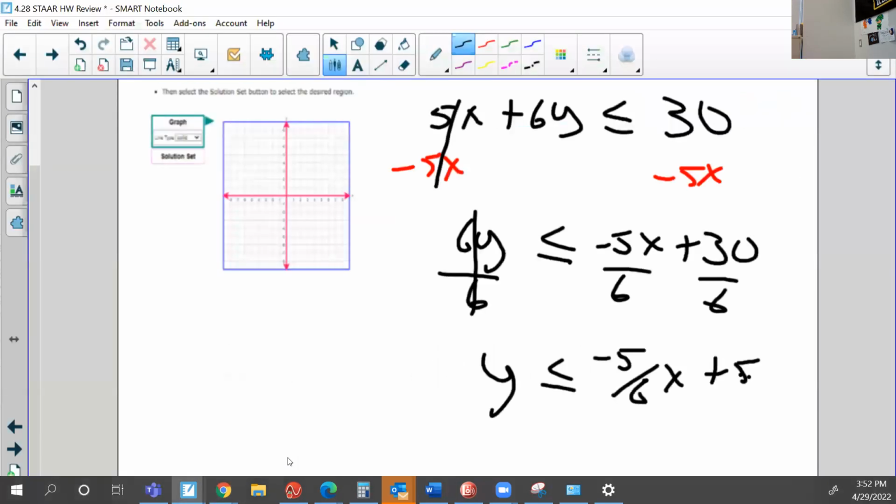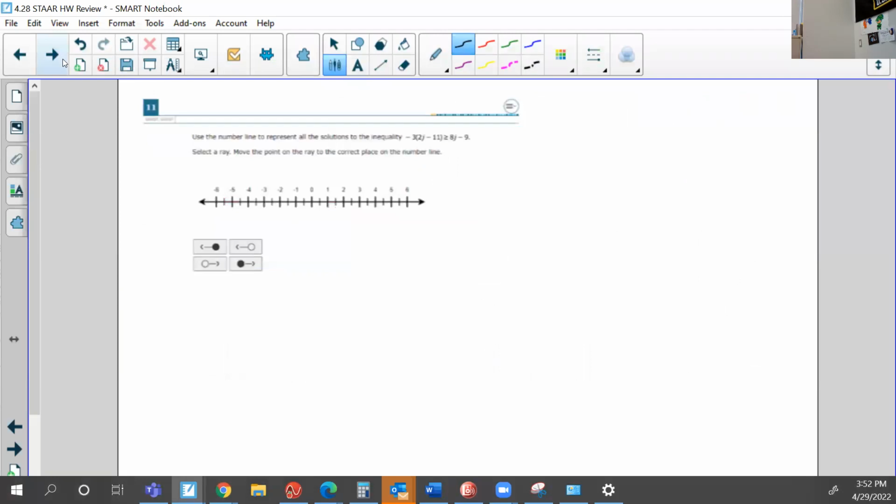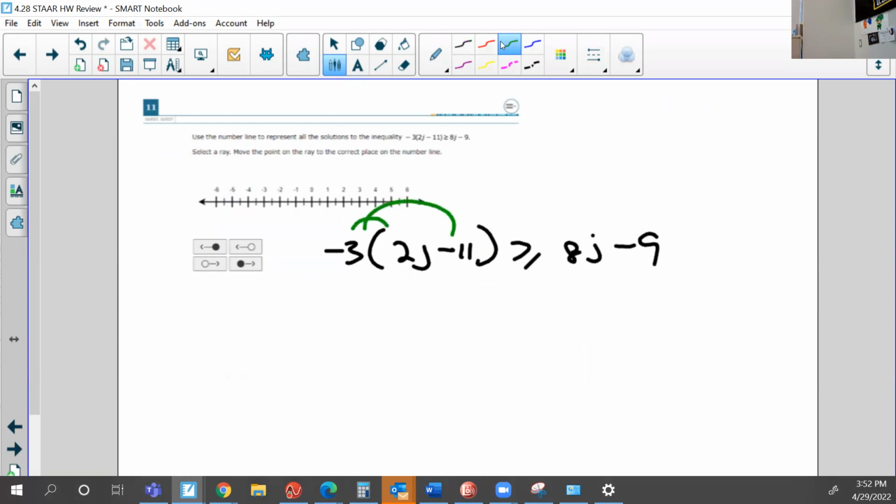So we have minus 3 times (2j minus 11) greater than or equal to 8j minus 9. Very simple equation. Remember, we're going to distribute. And so I'm going to have minus 6j plus 33 is greater than or equal to 8j minus 9.